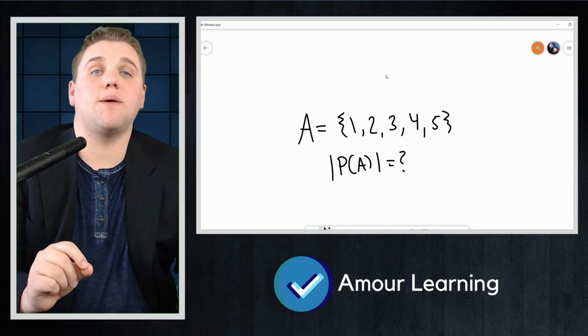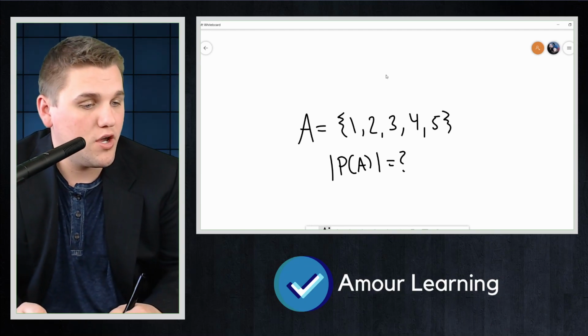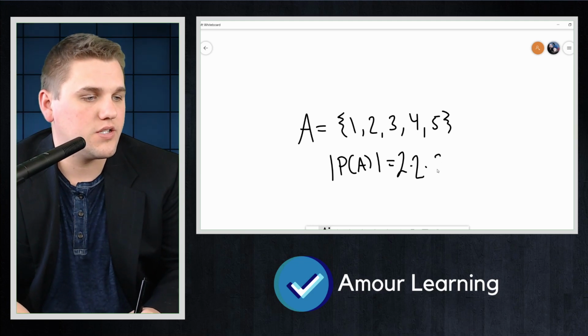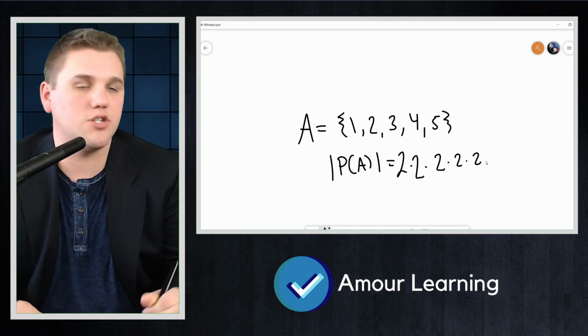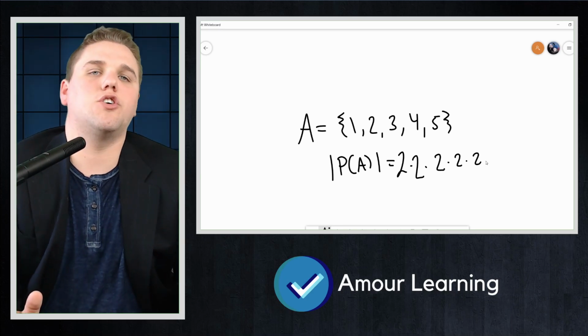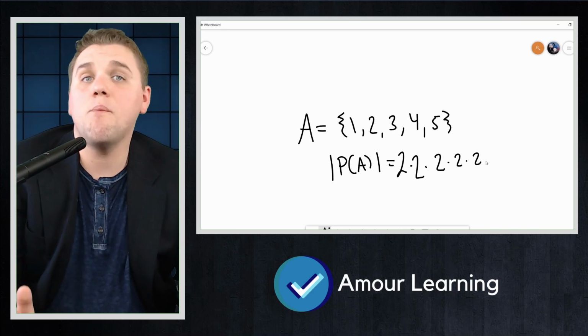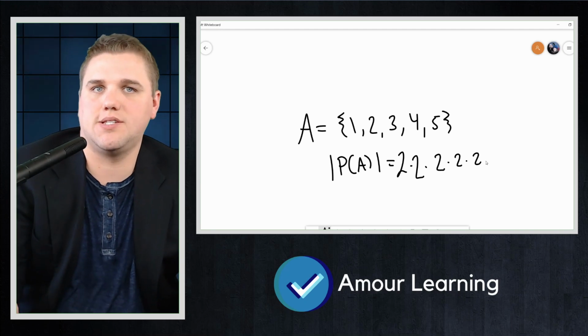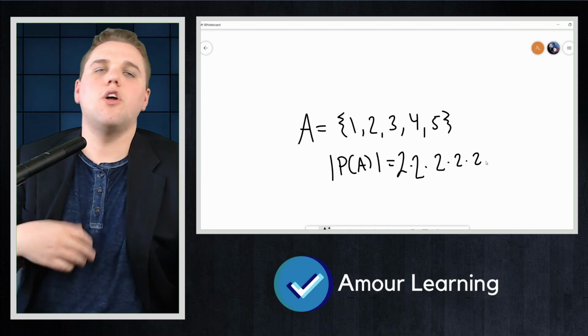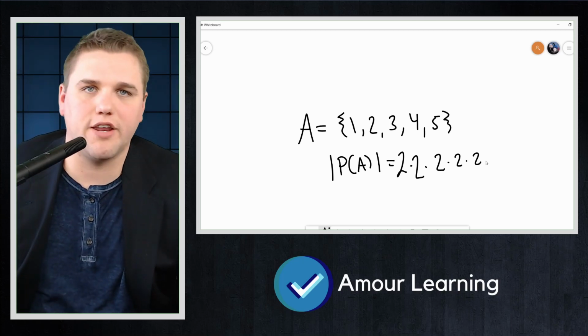Therefore, the number of subsets is simply 2 times 2 times 2 times 2 times 2, which is 32, by the multiplicative principle. Of those 32 subsets, how many have 3 elements? Well, this is not obvious. Note that we cannot just use the multiplicative principle.